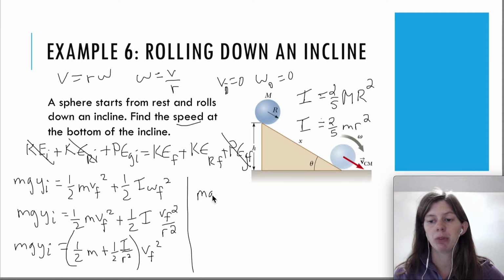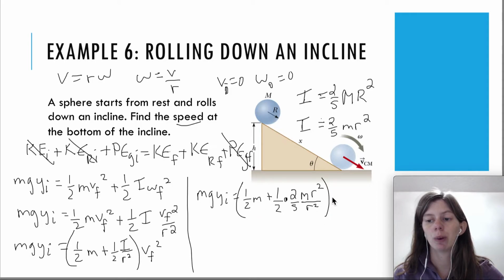We have mgy on the left side equals 1/2 m plus 1/2 times 2/5 mr squared, that's the I here, divided by r squared. So you see that the r squared is actually going to cancel out.